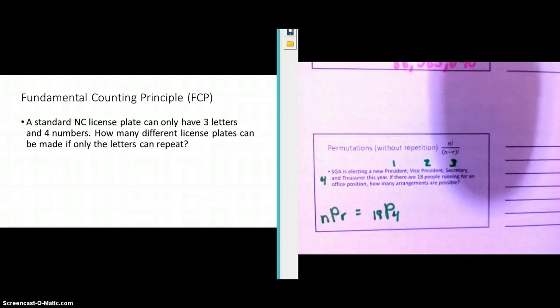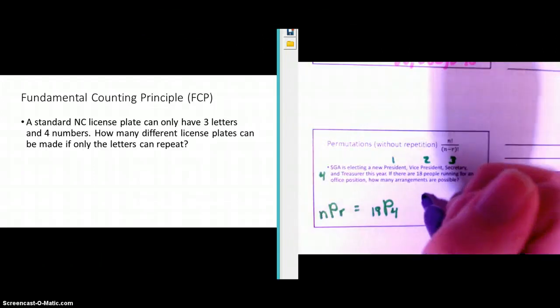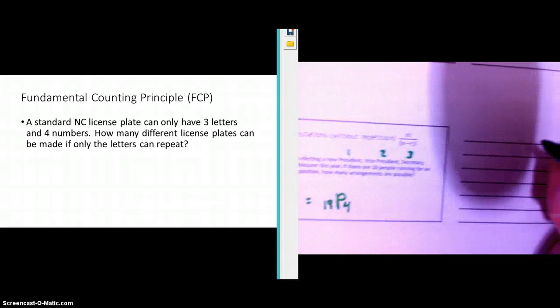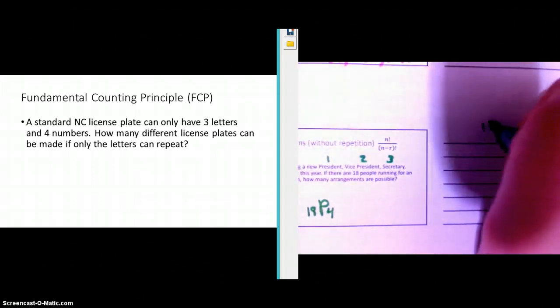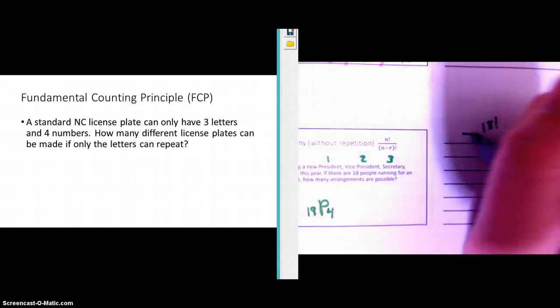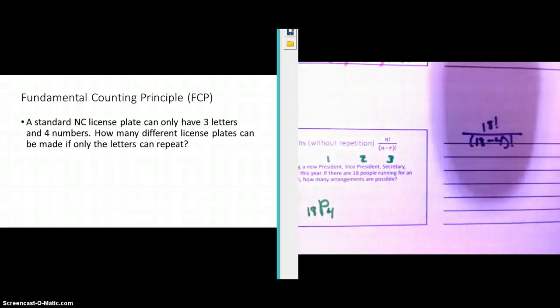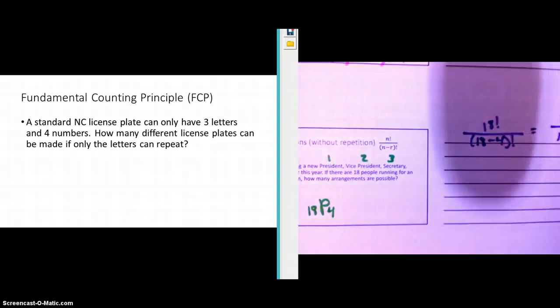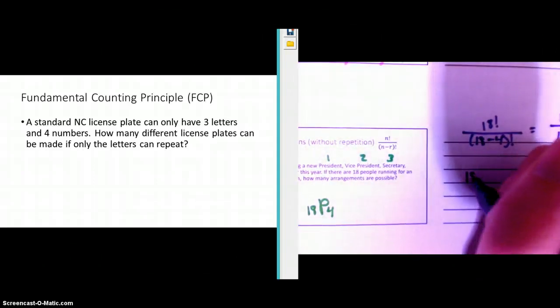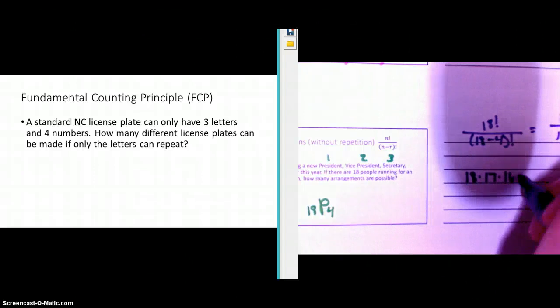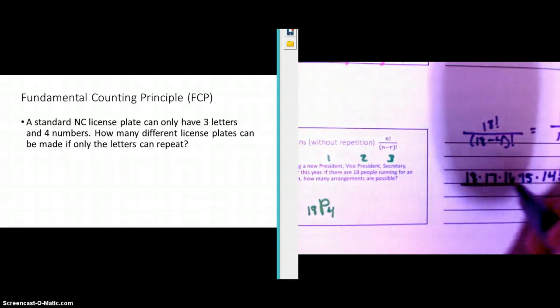So when I'm solving this, I'll work it over here so you can see it a little bit better. I'll have 18 factorial over 18 minus 4 factorial, which equals 18 factorial over 14 factorial. When I write this out, I get 18 times 17 times 16 times 15 times 14 factorial, because I can stop there, it matches the bottom, over 14 factorial.